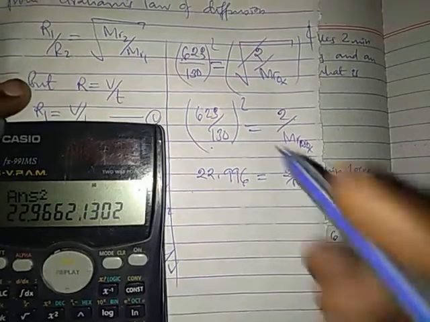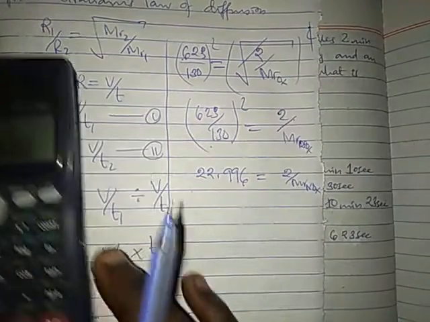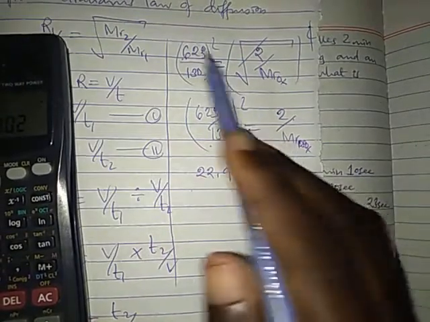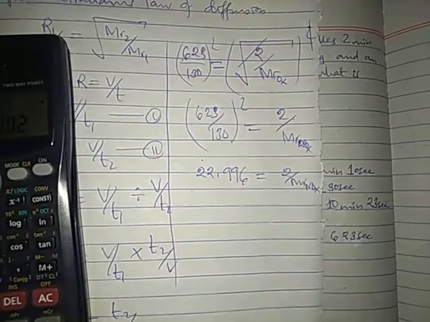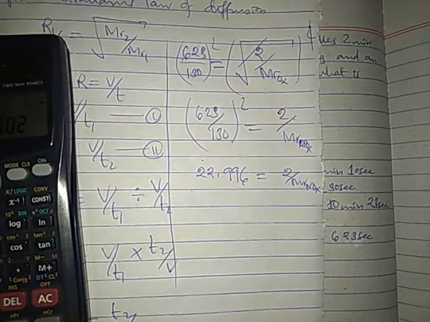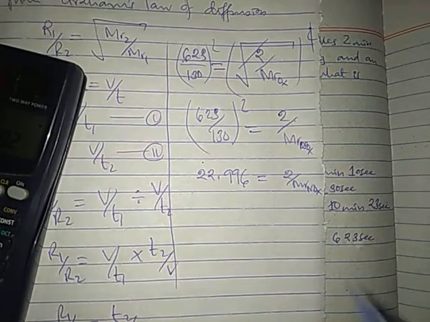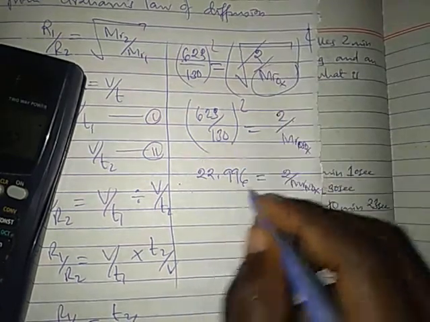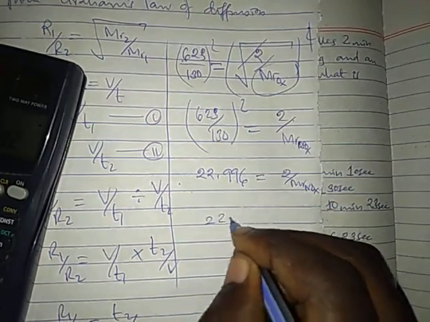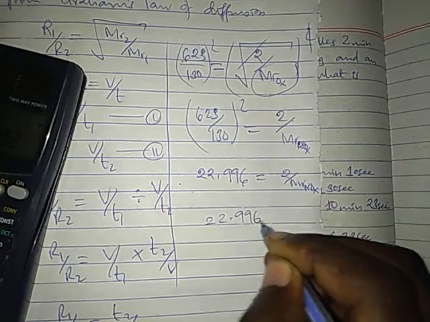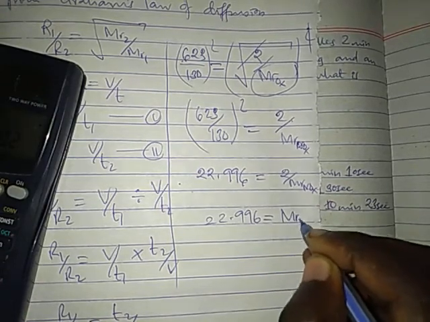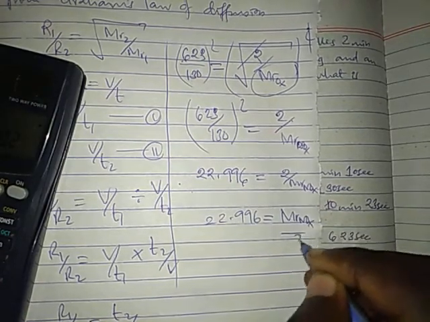Sorry, kuna mistake imejitokeza hapa. Hapa manake inabidi ianze huku juu, ianze molar mass 2, ambayo ni ya oxide. Kwa hapa itakiwa iwe 22.996 ni sawa na molar mass of nitrogen oxide X divided by 2.